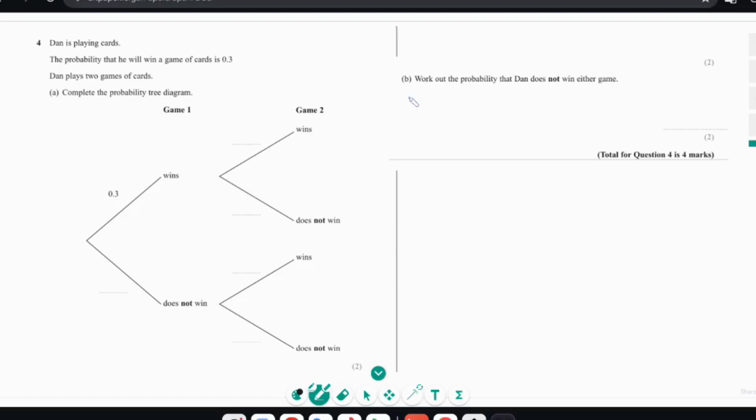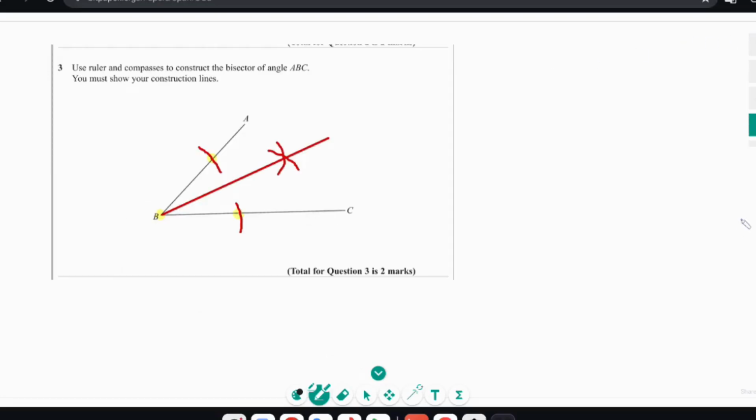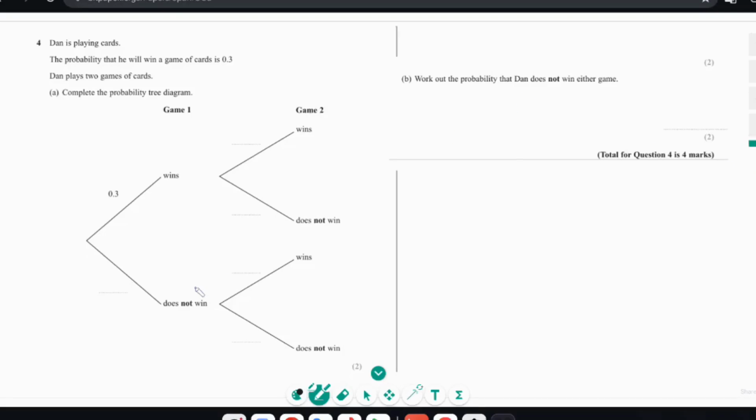Question 4. Dan is playing cards. The probability that he will win a game of cards is 0.3. Dan plays 2 games of cards. Complete the probability tree diagram. Each branch adds up to 1. 1 take away 0.3 is 0.7.